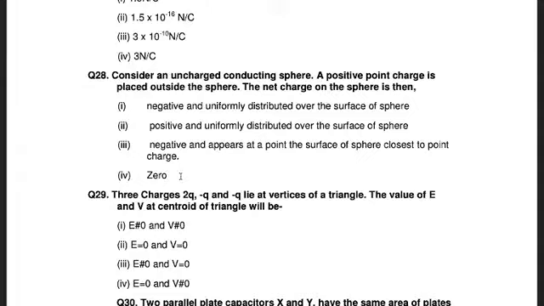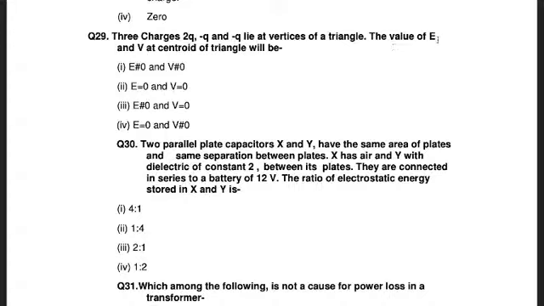Question number 29. Three charges 2q, minus q and minus q lie at the vertices of a triangle. The value of E and V at the centroid of the triangle will be: option 1, E is not equal to 0 and V is not equal to 0. Option 2, E is equal to 0 and V is equal to 0. Option 3, E is not equal to 0 and V is equal to 0.